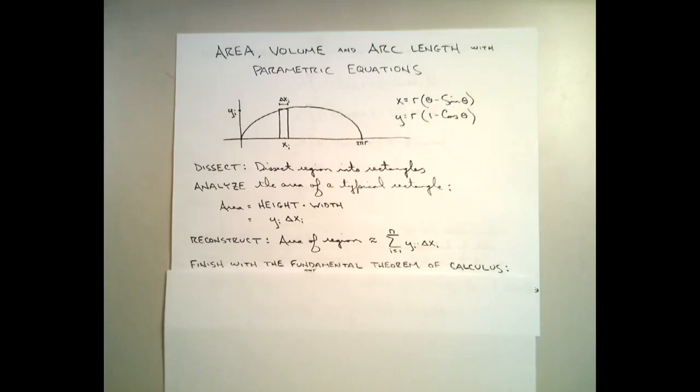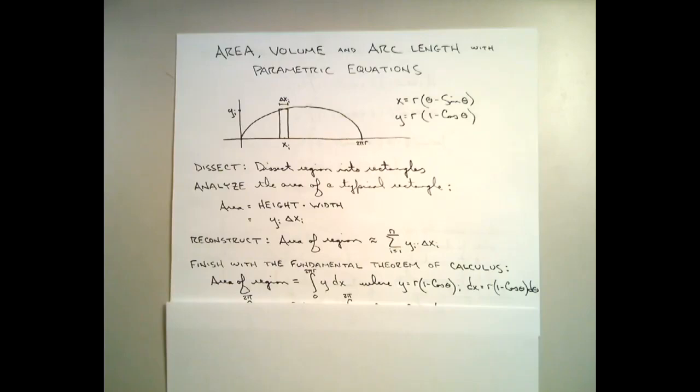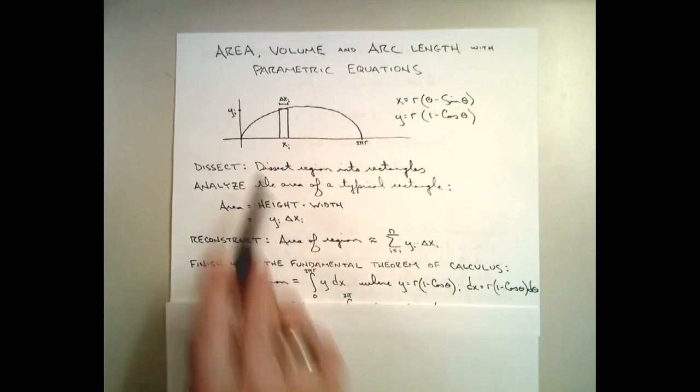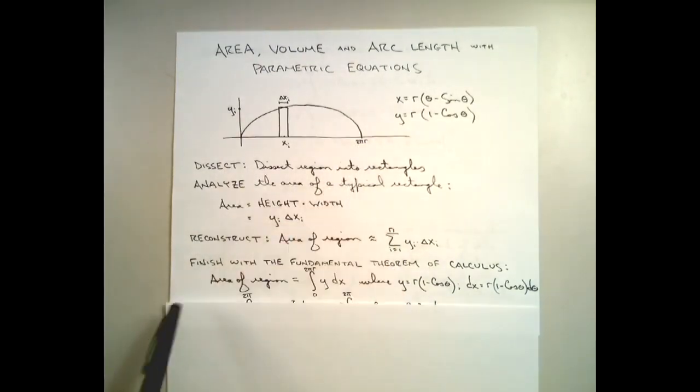That's basically a rewording of the fundamental theorem of calculus that Isaac Newton and Gottfried Leibniz gave us in the 1600s. So here we go. The area of the region then is going to be the integral of the function that we were using in our Riemann sum. So y dx, and x is ranging from 0 to 2 pi r.